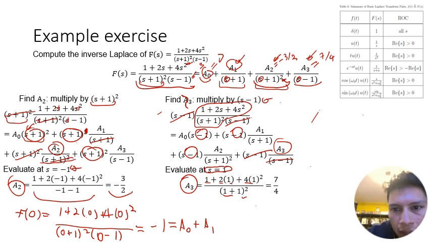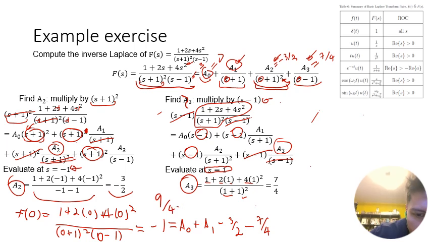So we have a1 minus 3 over 2 minus 7 over 4. This becomes negative 6 over 4, 13 over 4. So we have 13 over 4 minus 4 is 9/4. 9 over 4 equals a0 plus a1. That's just after a little bit of algebra.